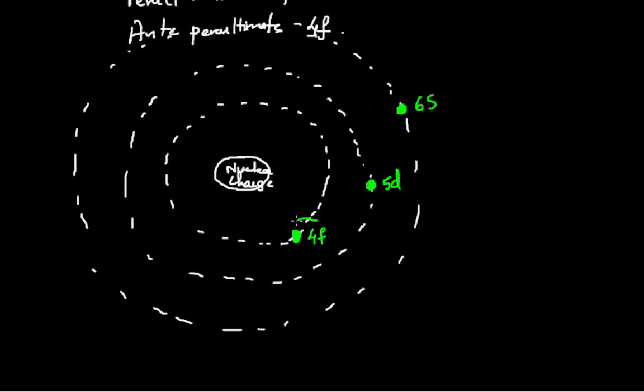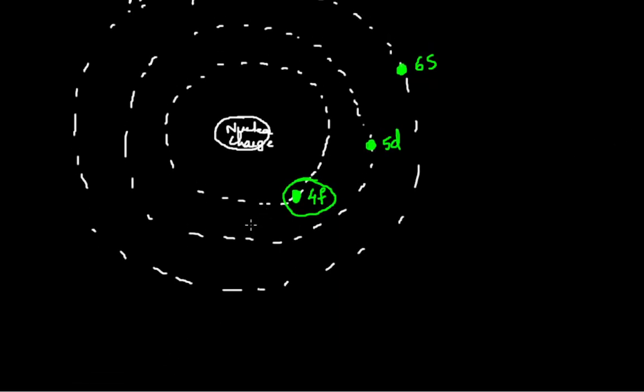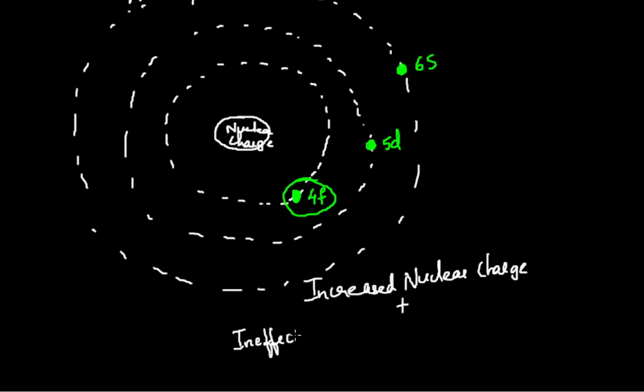Now because these are inside orbitals and these are very poor at screening the ultimate electrons, the outside electrons, what will happen is, very important, increased nuclear charge plus ineffective, poor screening by the 4f levels.